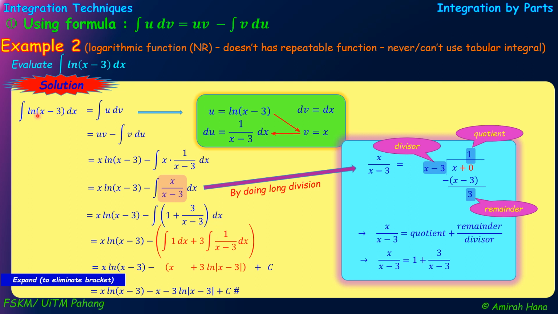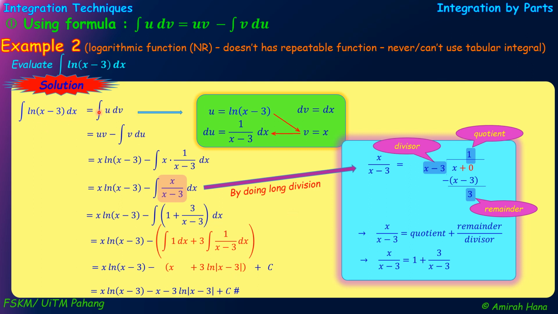In this case, we can only use the integration by parts formula. So this is the complete solution when we integrate ln x minus 3 dx using integration by parts.